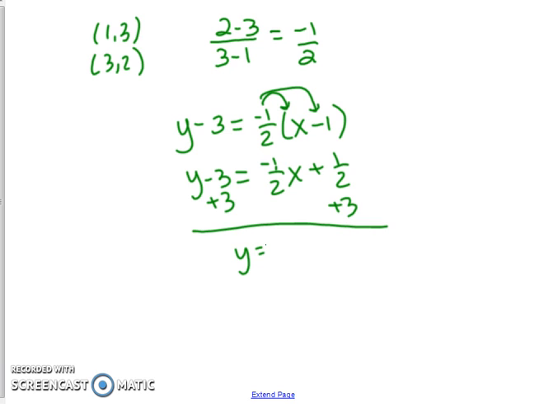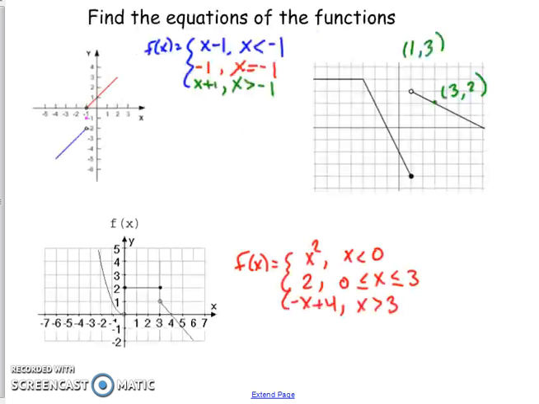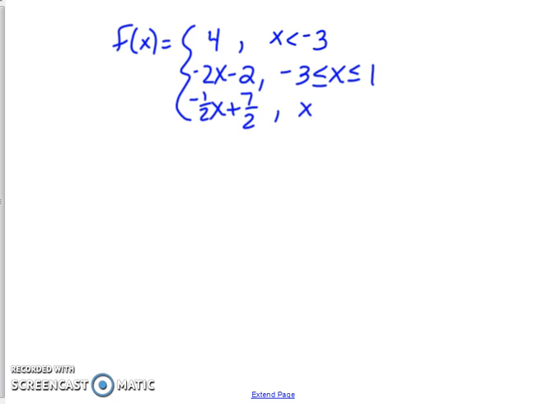So what I have is -1/2 x plus 7/2. So that's going to be my function. I'm going to go back to here, and I'm going to plug in -1/2 x plus 7/2. So that's that function. And then it's an open circle when x is 1, and it's going greater than. So we're going to say x is greater than 1. And then that would be our function.